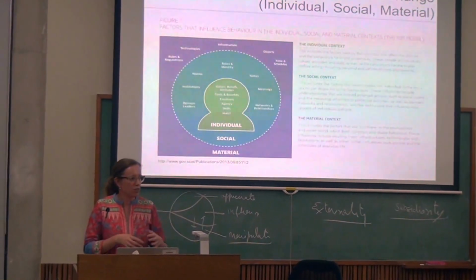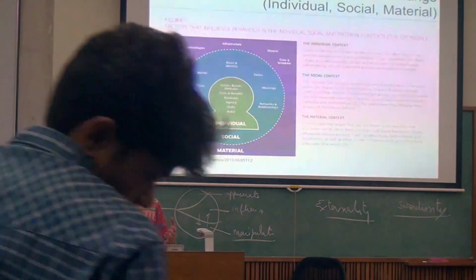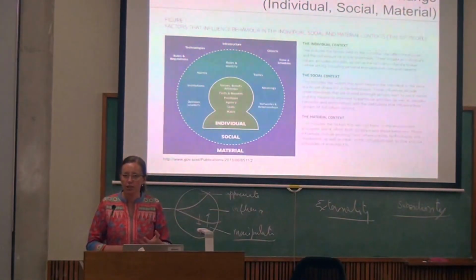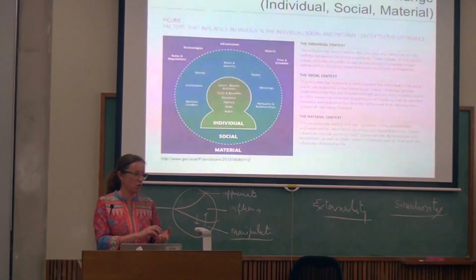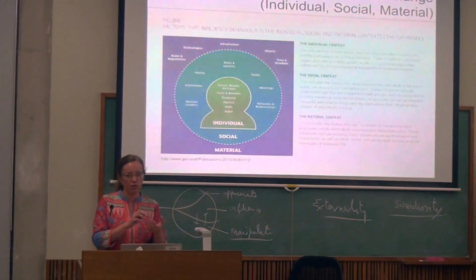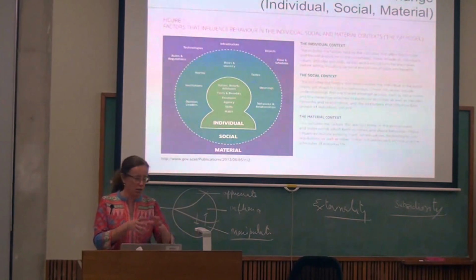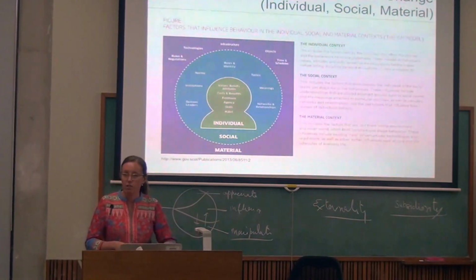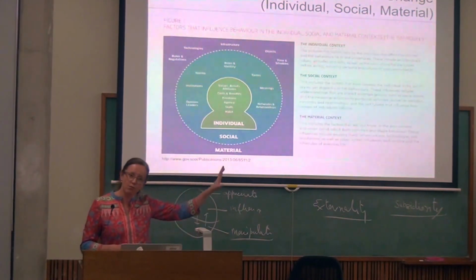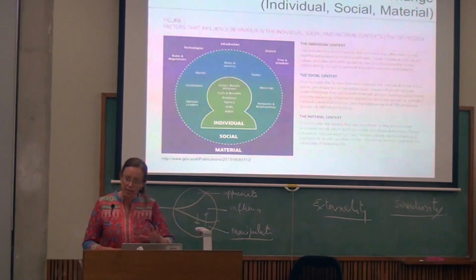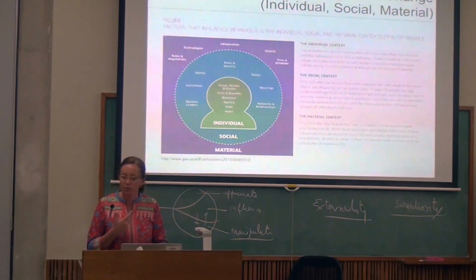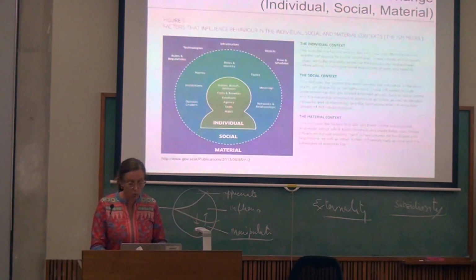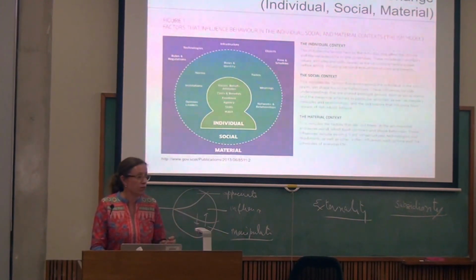But really they came to this by saying we need not only the university to agree, we need to find some cleaning people to do it, we need to get the shop people to agree, and we need the government to say this is hygienic enough. So there's a whole system around this project, and I think this model of thinking about the individual, the social and the material can be a really good one for a lot of different projects.